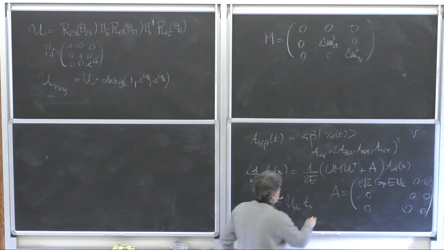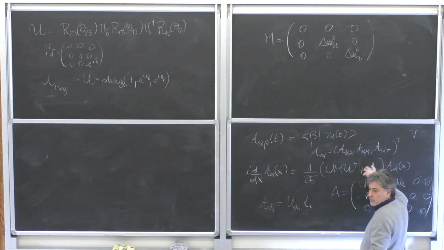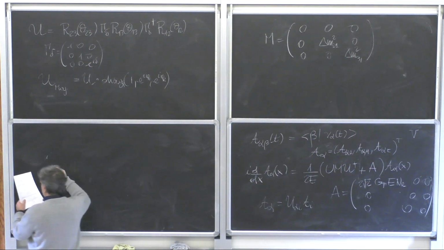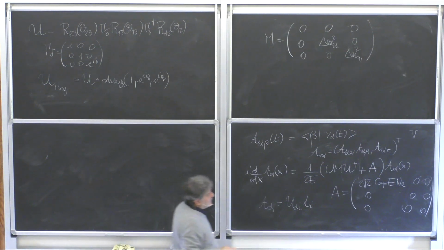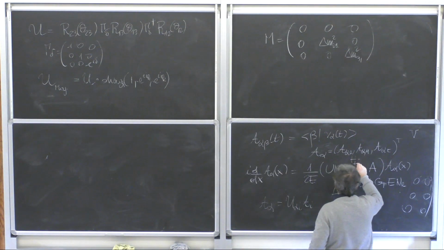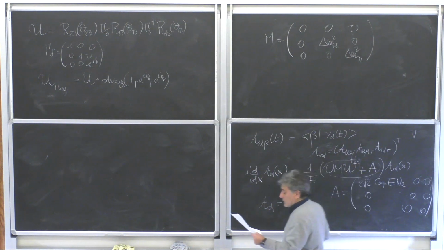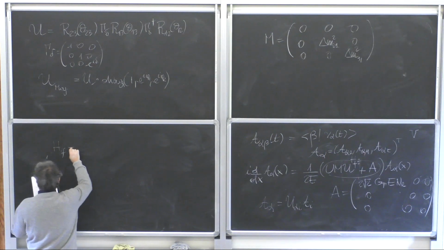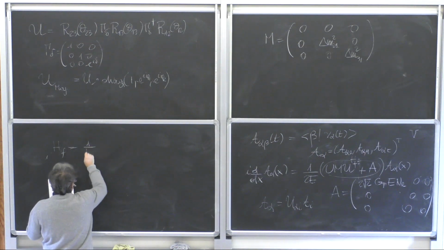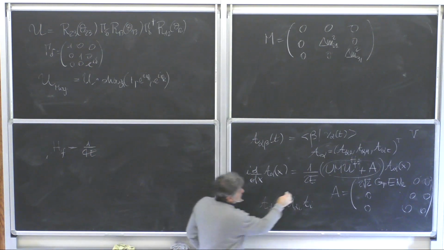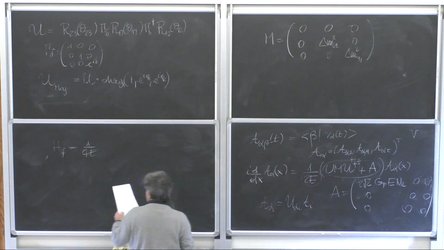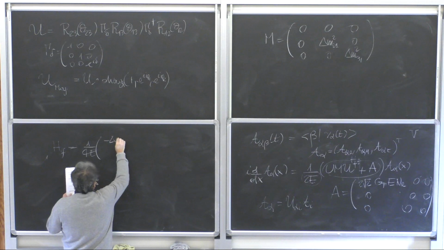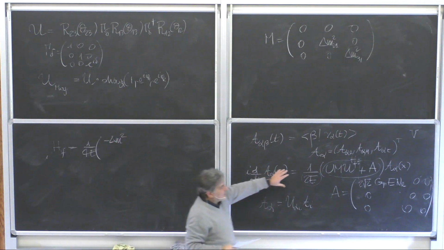If you compute this matrix and again take out something proportional to the identity, this is the flavor Hamiltonian. You can write the flavor Hamiltonian as 1 over 4E. Oh, sorry, this is in 3 generations.